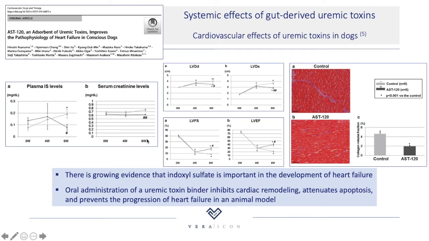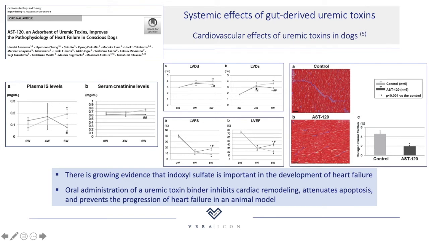So this is proof that indoxyl sulfate is somehow important in the development of heart failure, at least in these dogs where heart failure was induced experimentally. But then when these dogs were followed echocardiographically, and I'm just showing a few of these parameters, there's much more in these papers, what is interesting is that, of course, as heart failure develops, most of these indices become worse, like left ventricular diameter in diastole, left ventricular diameter in systole.